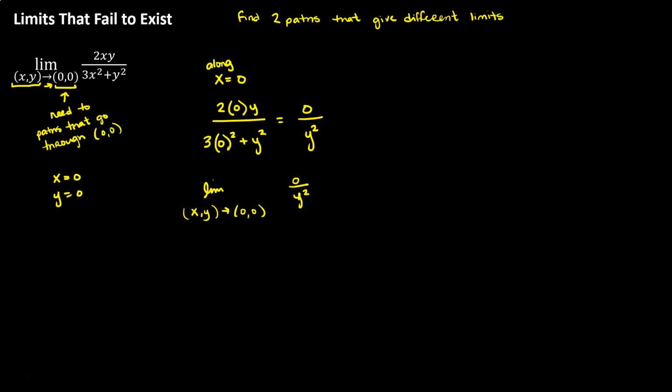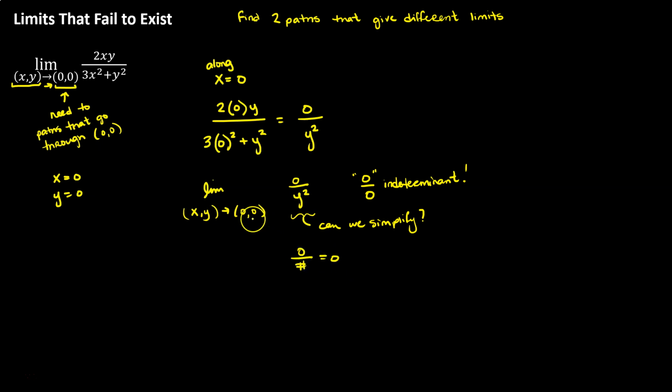Now this is an easy trap to fall into. If we simply jumped to y equals 0, we would get indeterminate form. Which means we need to go back and simplify. Check and see, can we simplify? Well, we have 0 in the numerator, and in that case, as long as y is not 0, 0 divided by a non-zero number is 0.